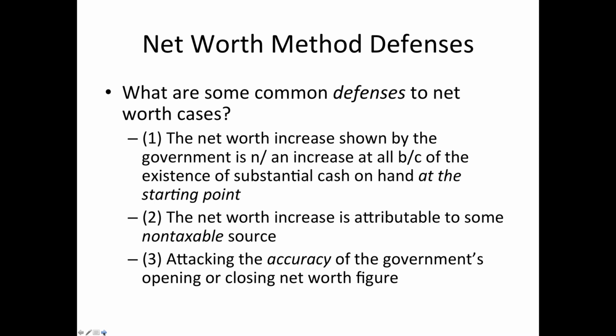Second, the defense is that the net worth increase is attributable to some non-taxable source. Third is attacking the accuracy of the government's opening or closing net worth figure. And so these are the ways that defense counsel will attack the government's net worth method case. And we're going to go into a little bit of detail for each of these.